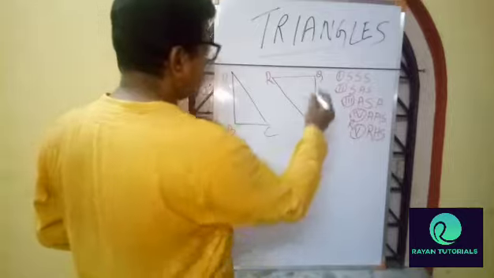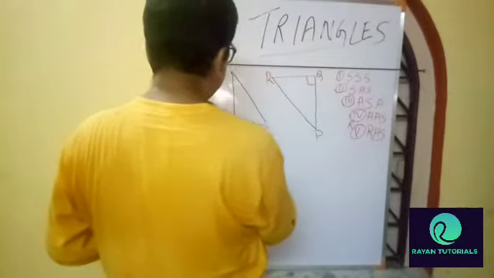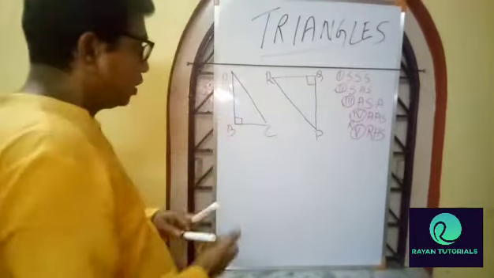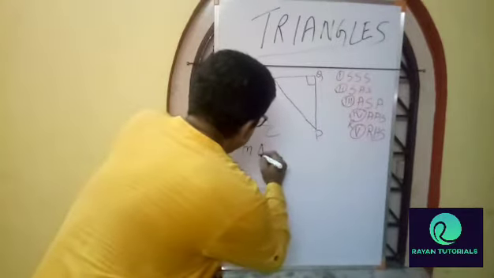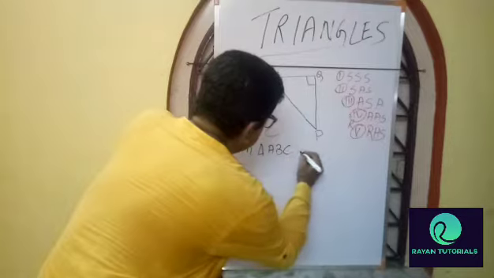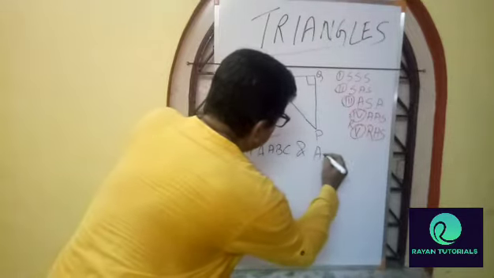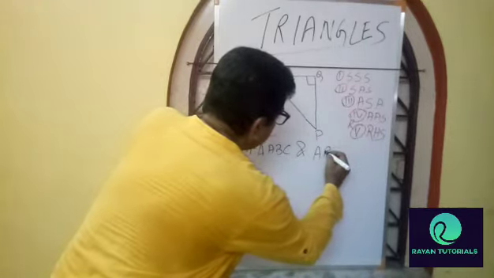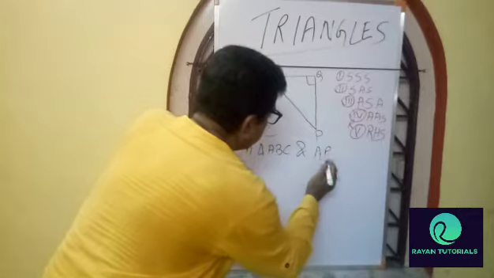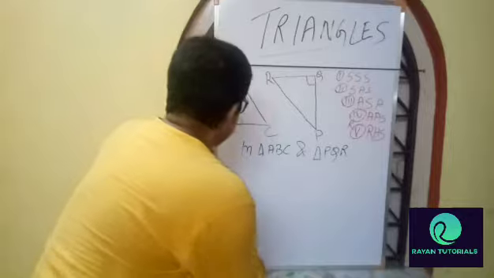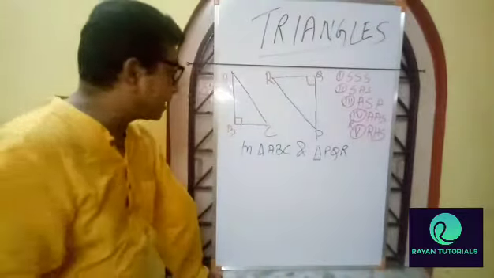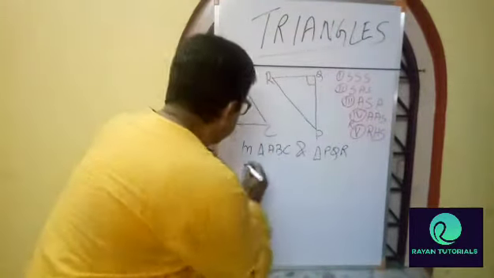Okay. So here in triangle ABC and triangle PQR, you see these two are right angles.